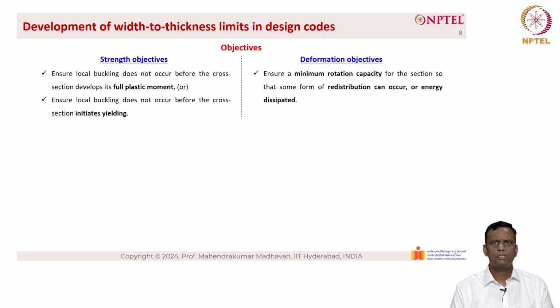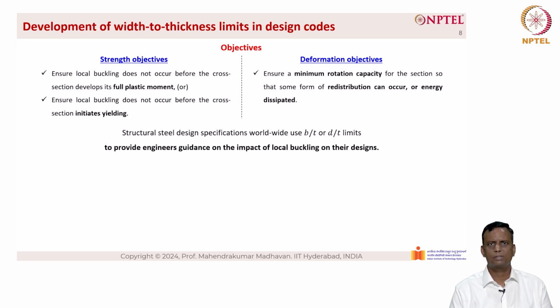The deformation objective is to ensure a minimum rotation capacity for the section so that some form of redistribution can occur or energy dissipation can take place. Structural steel specifications worldwide use B by T or D by T, which is the flange width to thickness ratios or the web depth to thickness ratios, as limits to provide engineers guidance on the impact of local buckling on their designs. How do they do so? Let us look at it.